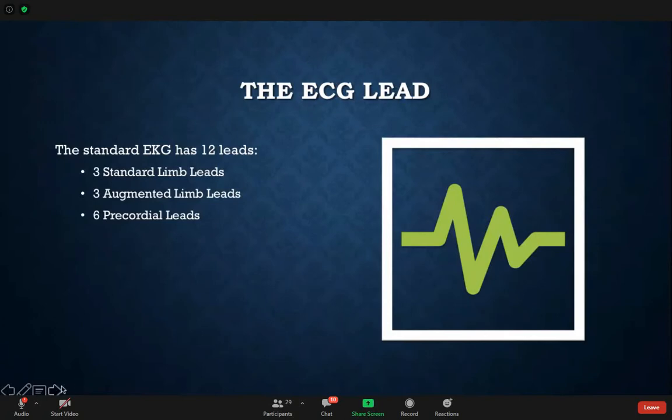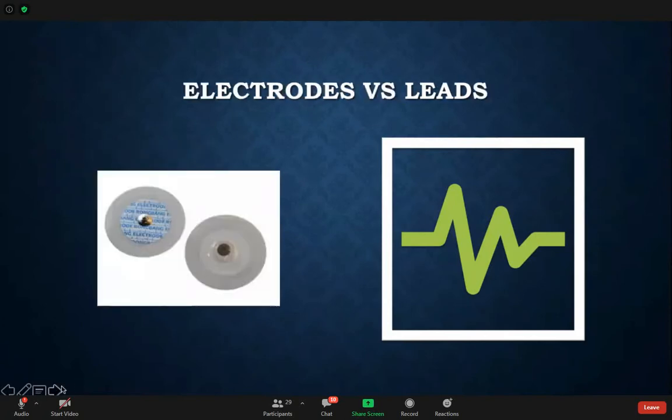Now we have one important distinction we need to understand. We have something called electrodes and something called leads. Usually we mix them, but electrodes are the electrical things that we attach to the body.